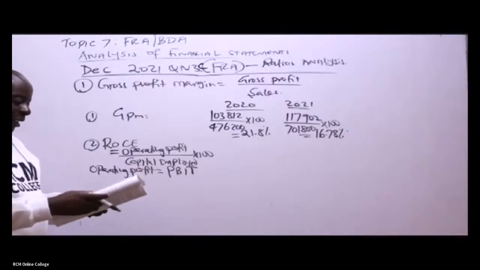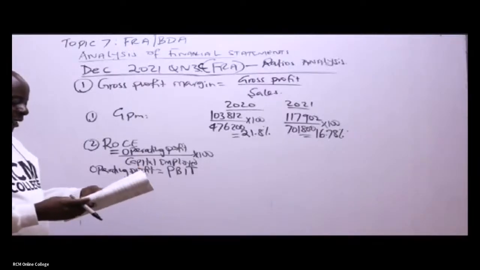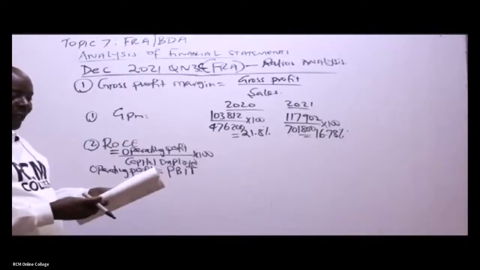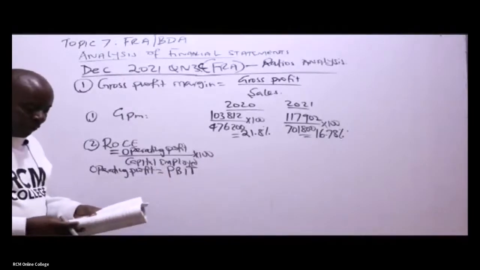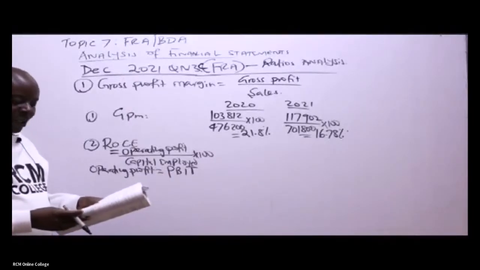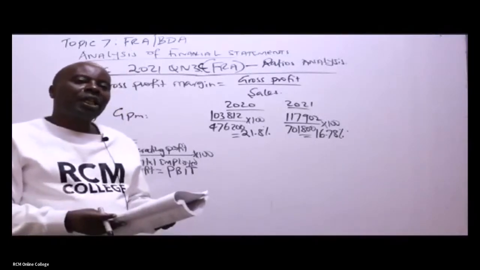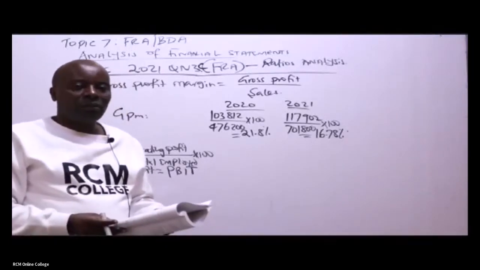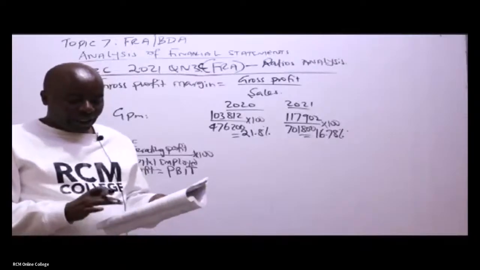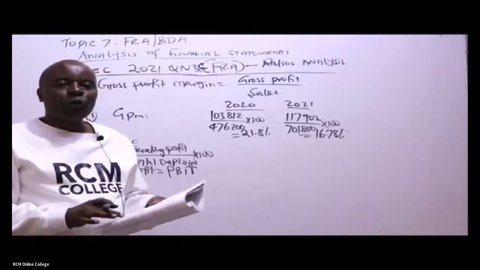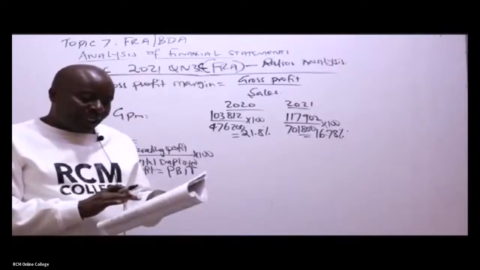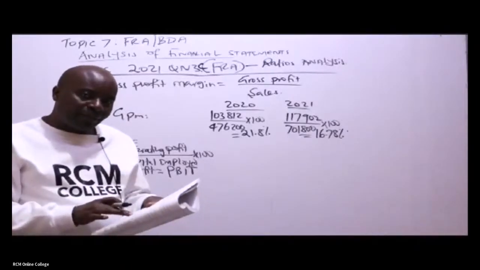This extracted income statement, I can see they have given me profit before tax of 50,815. What do you think shall we do to make it PBIT? How do we change this figure to be PBIT? Because you see, this figure is profit before tax.